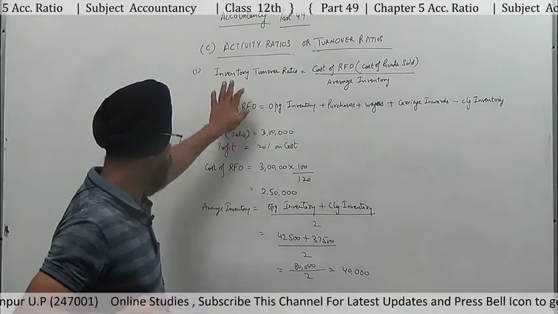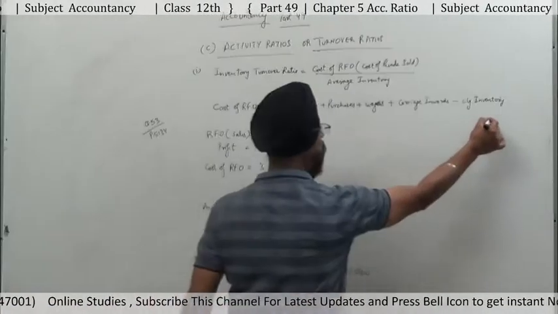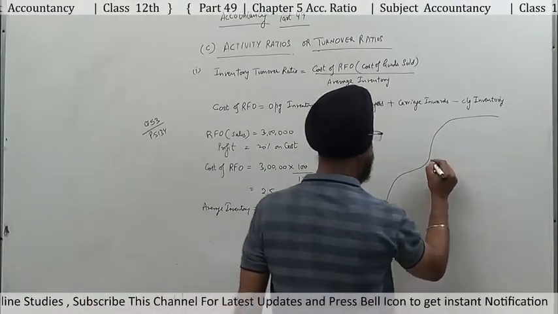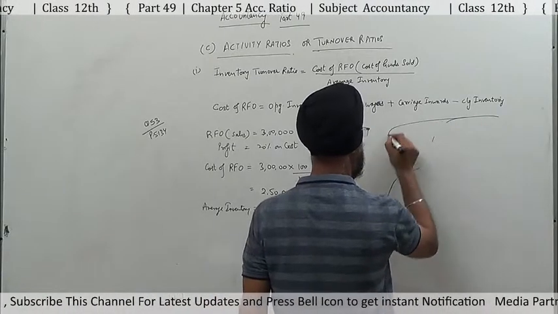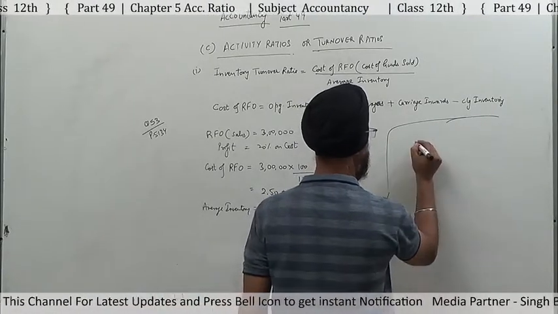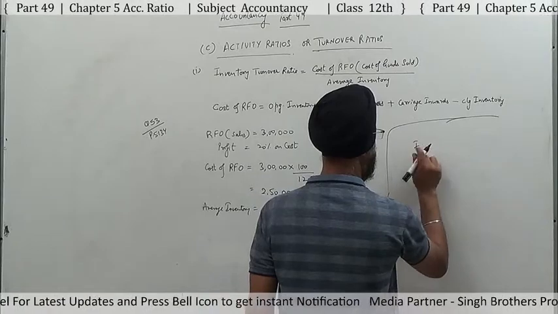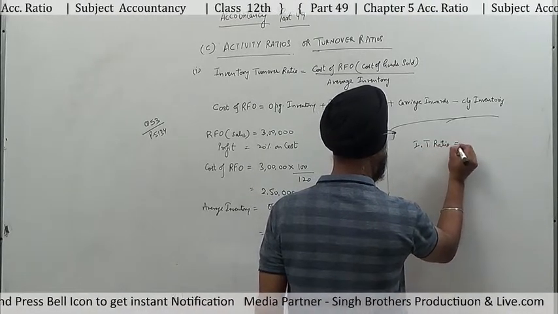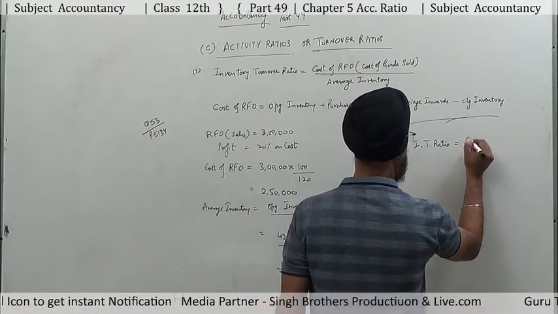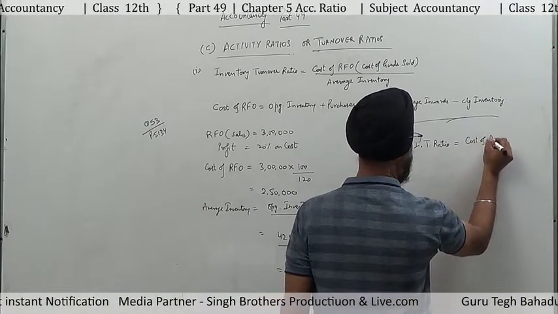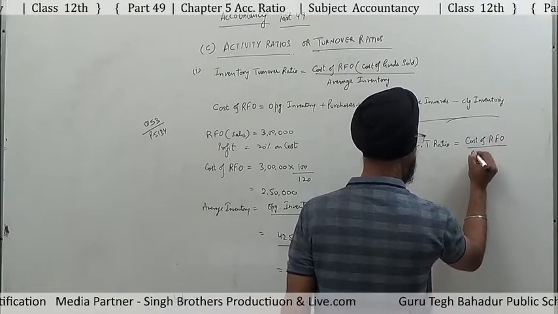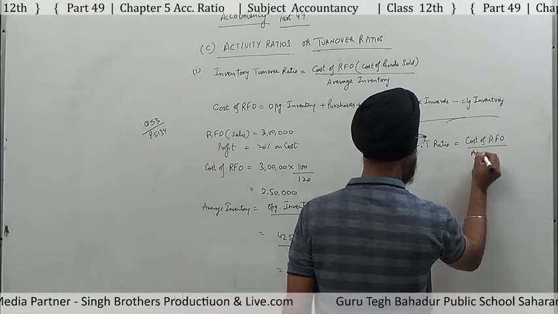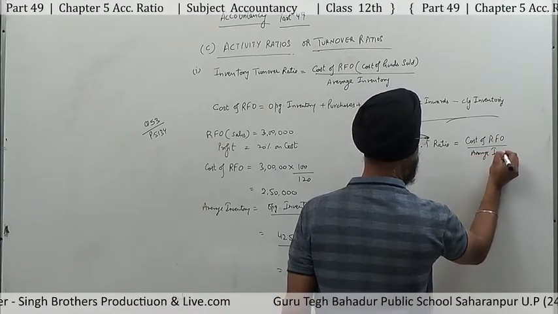Now come to inventory turnover ratio. Inventory turnover ratio equals cost of revenue from operation by average inventory.